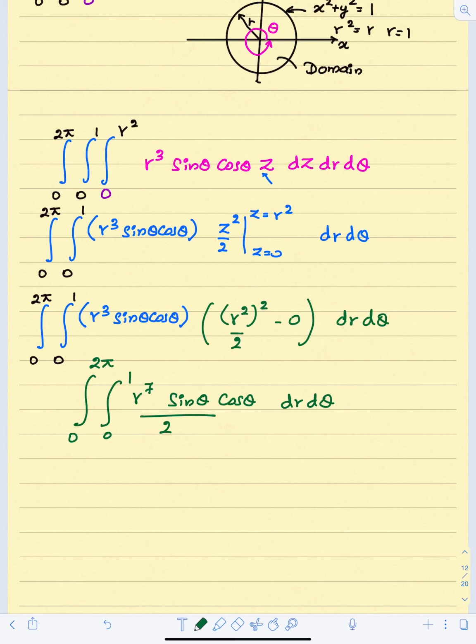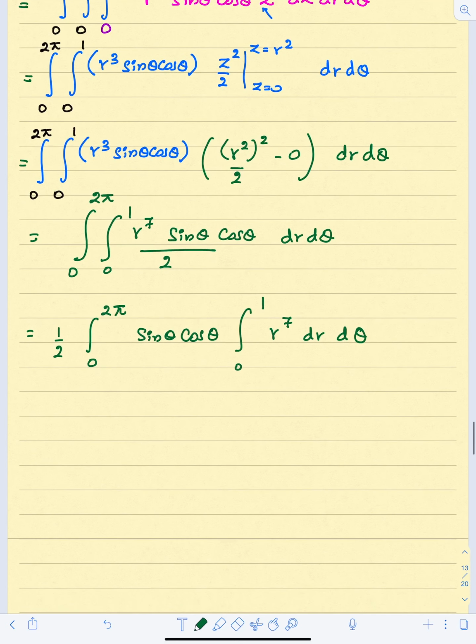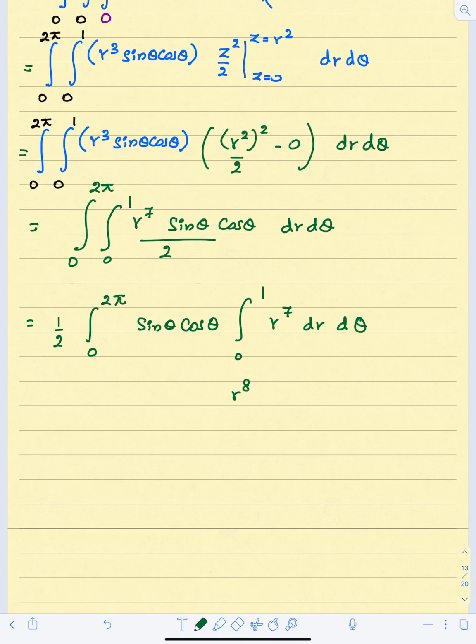My next variable of integration is r. One half is a constant, so we can pull out the constant 1/2. With respect to the r variable, sine theta times cosine theta is a constant. Then we have the integral of r to the power 7, which equals r to the power 8 over 8.